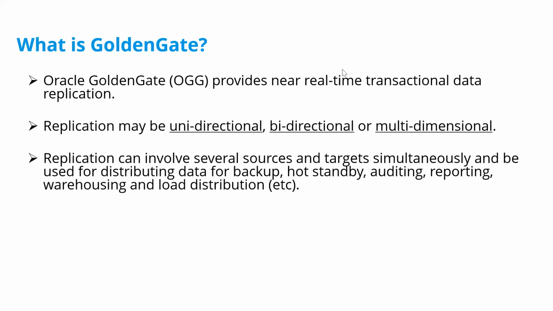So GoldenGate allows you to replicate the data in near real time. Real time means as soon as data gets committed. Based on the configuration, you won't feel the replication on both databases as lagging. But there is always a slight delay, maybe 10 milliseconds, 20 milliseconds, or it can involve seconds as well.